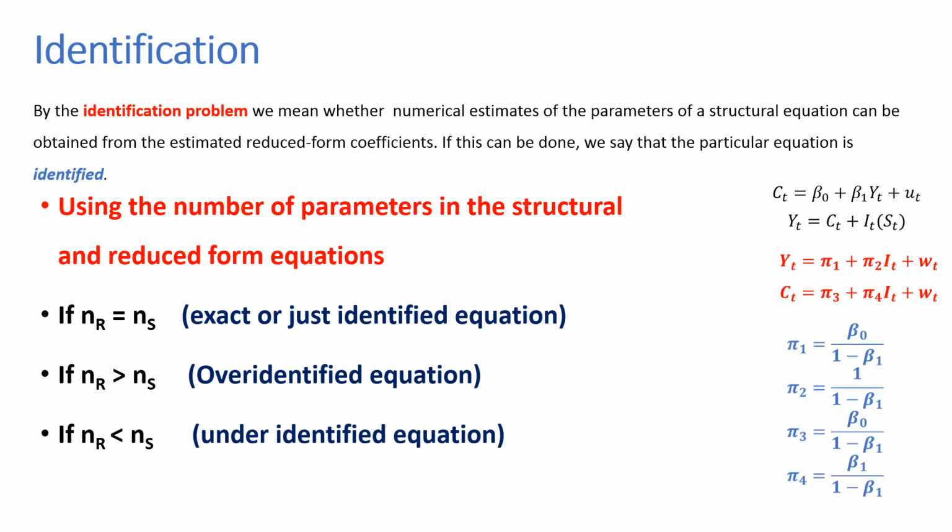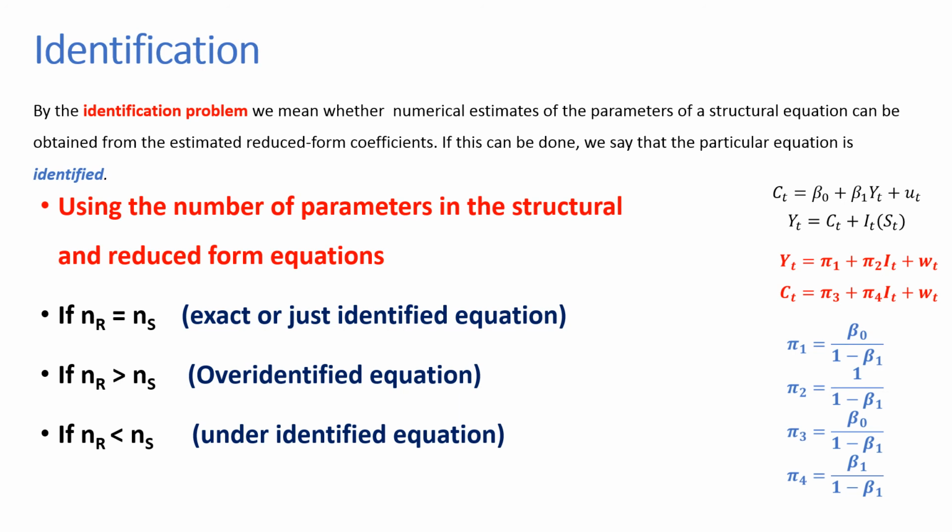Then, from these four equations, pi 1 equals beta naught over 1 minus beta 1, and so on, we can solve these equations together to find the values of beta naught and beta 1 from pi 1, pi 2, pi 3, pi 4.